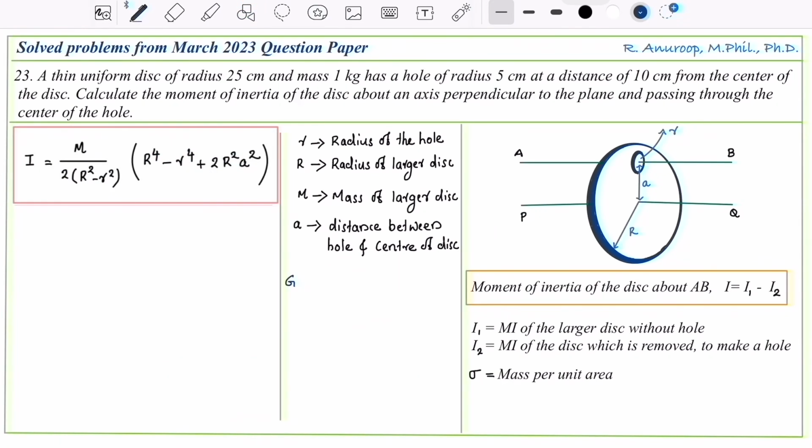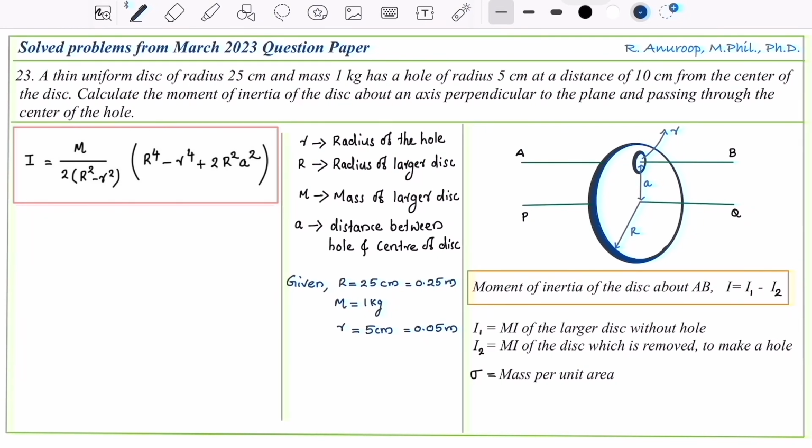Now let us substitute the given values so that we can find out I. Given capital R is 25 centimeter, that is 0.25 meter. And capital M, the mass of the larger disk, is 1 kilogram. Then small r is equal to 5 centimeters, that is 0.05 meter. Small a, the distance between the hole and the center of the larger disk, is 10 centimeter, equal to 0.10 meter.